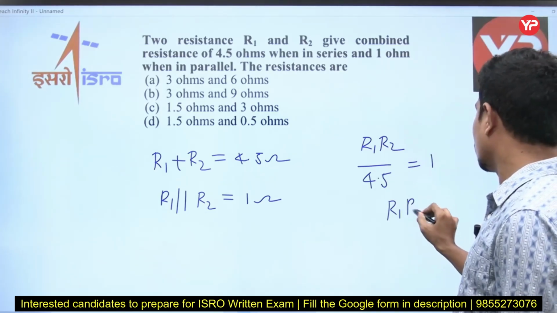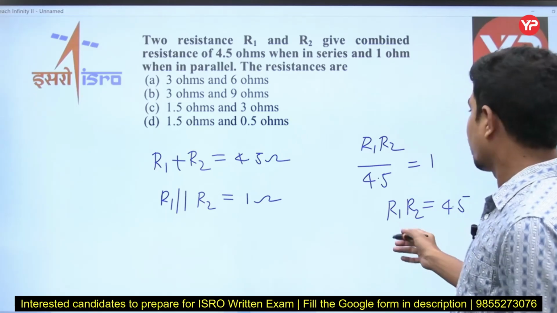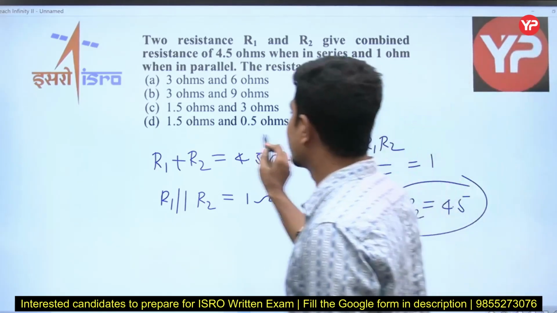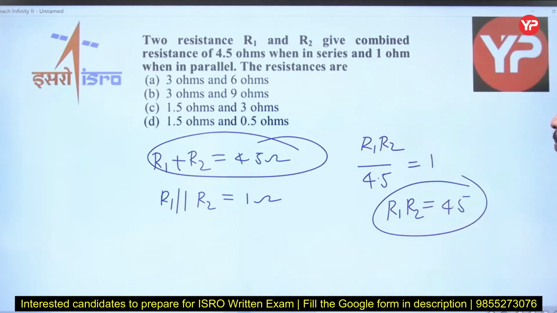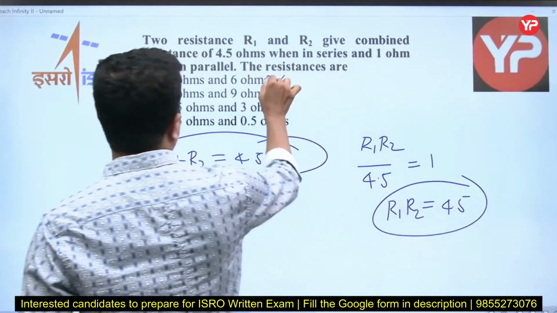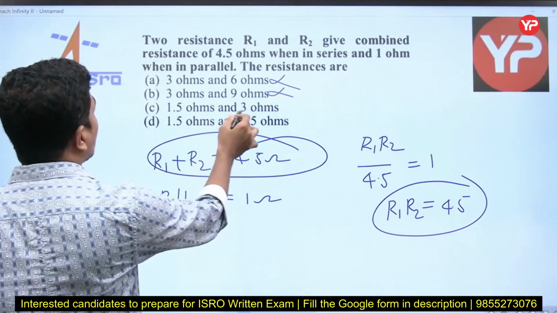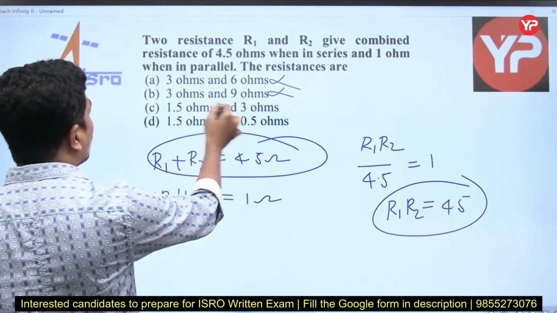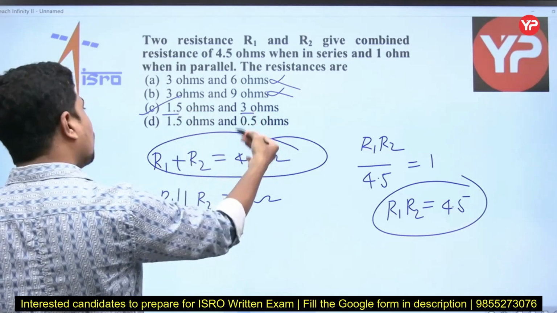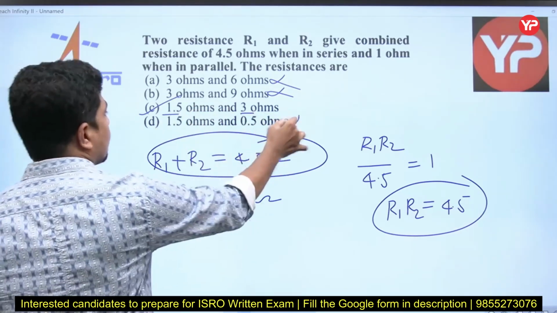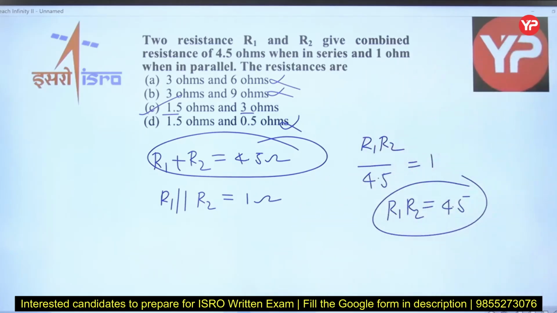So R1 into R2 is equal to 4.5. Check these two things: multiplication should be 4.5, addition also should be 4.5. So option A is not correct, option B is also not correct. 3 and 1.5, yes: addition 4.5, multiplication is also 4.5. Option is C. You need not solve it, directly we will get it.